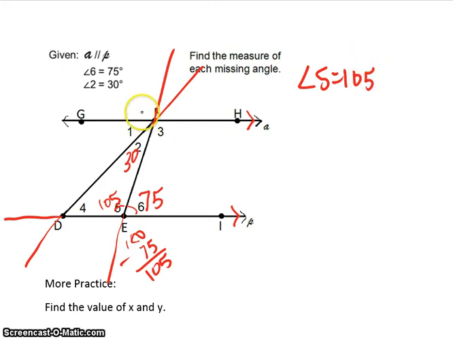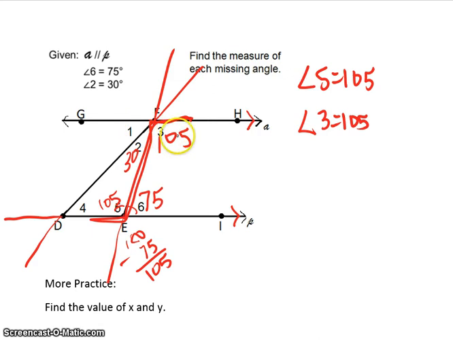Then I'm going to recognize, since these two lines are parallel, I can see that 3 and 5 create a Z, which is AIA. So angle 3 is also going to be 105 degrees. For angle 1, I see here that there is a straight angle made with angle 1, 2, and 3.